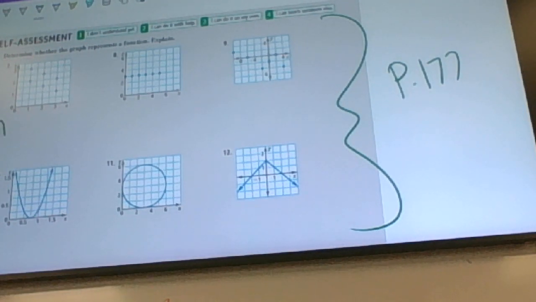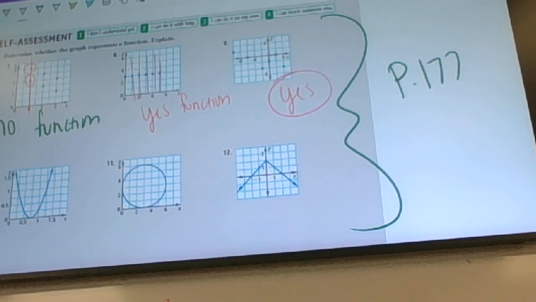Let's see here. No function. That's a fail. Boom, fail. This one, yes function. Boop, boop, boop, boop, boop, yes function. This one, yes function. This one's also a yes function.